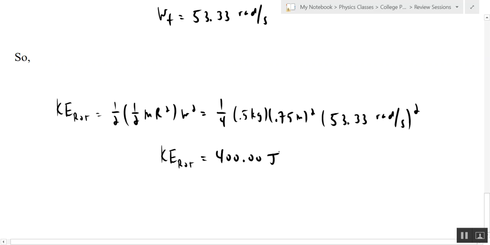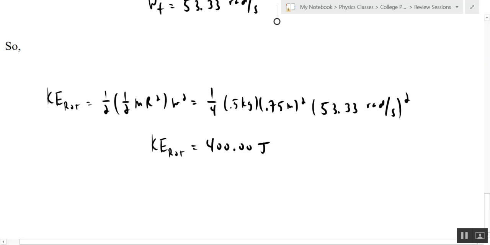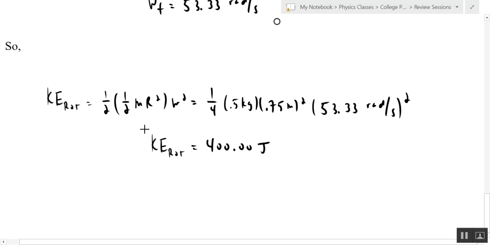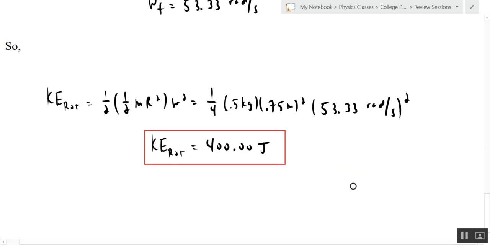Right? So anyhow, this is something else you can figure out, how fast it's spinning, how many rotations it makes after some time using the constant angular acceleration equation. And the other thing you can figure out is the rotational kinetic energy, right? After some time, which is what you do there. All right, so does that make sense?